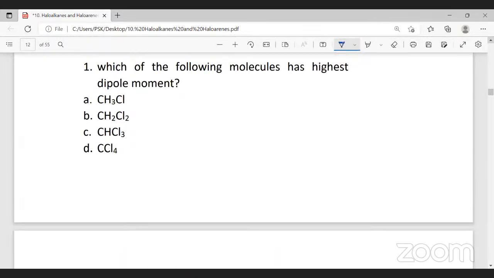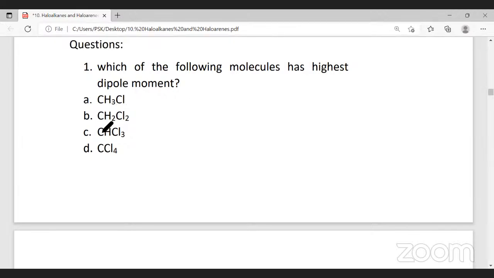Which of the following molecules has highest dipole moment? Chloromethane, dichloromethane, chloroform, and carbon tetrachloride. Dipole moment is defined as charge into distance. We represent dipole moment by the letter mu.